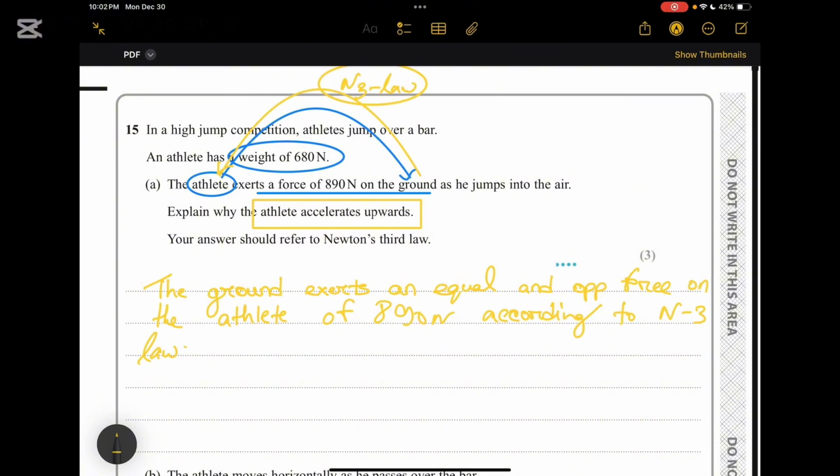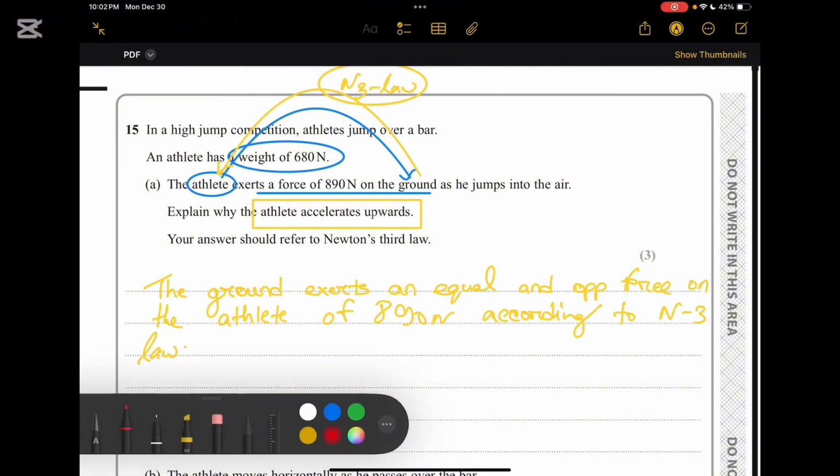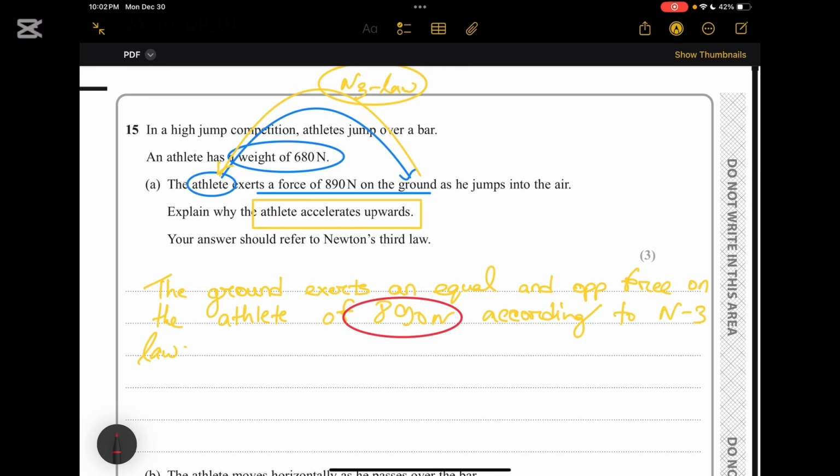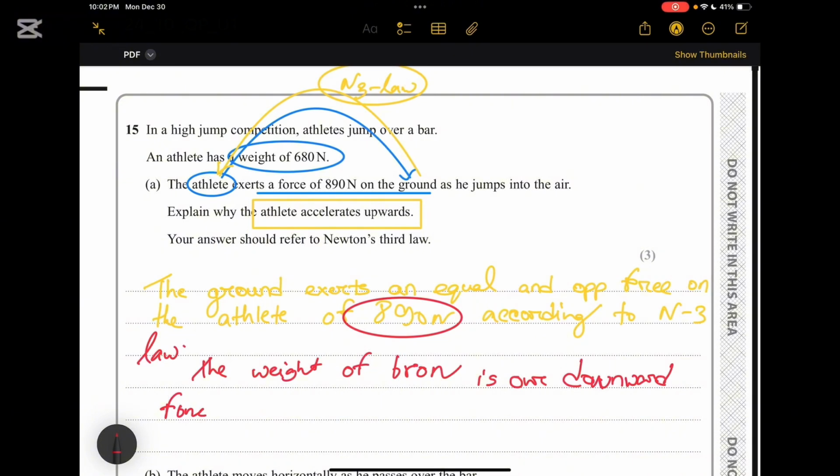So here this is the upward force, right? We can write the weight of 680 newtons is our downward force, which is smaller than the 890 newton upward force.